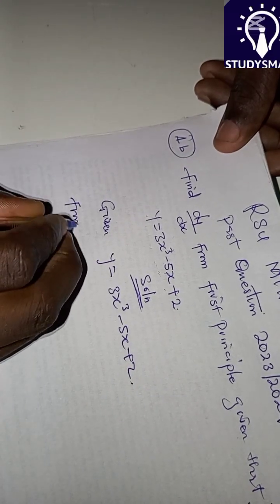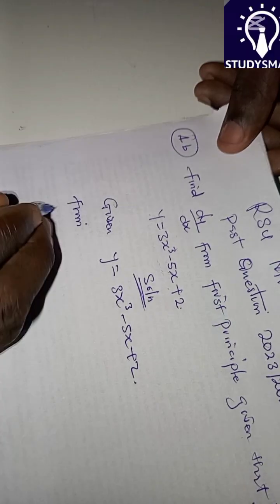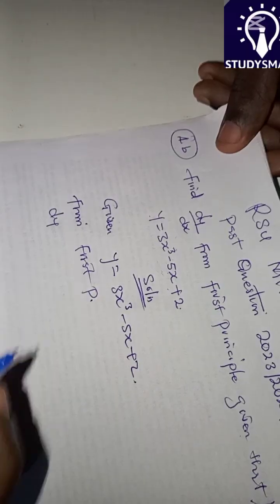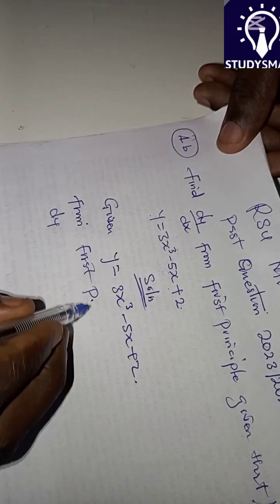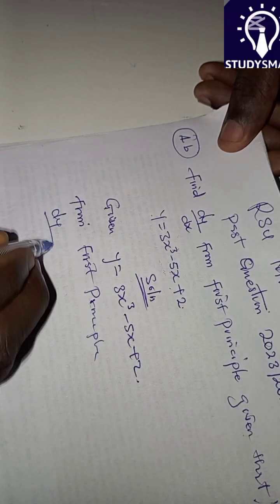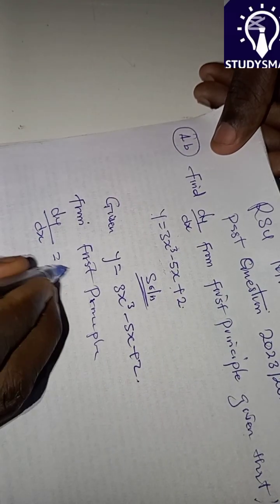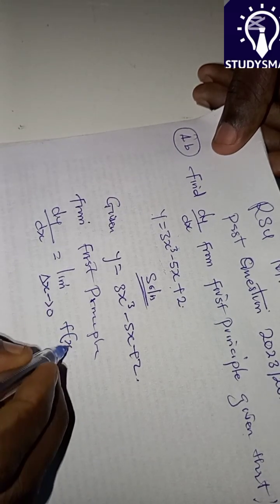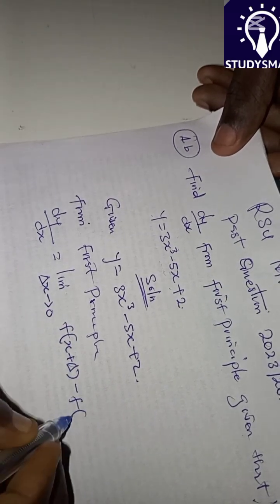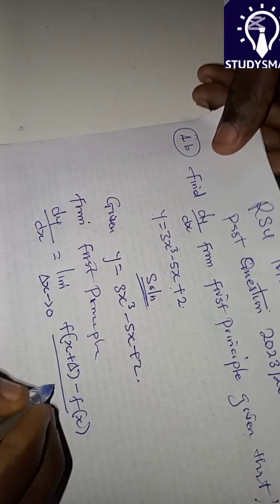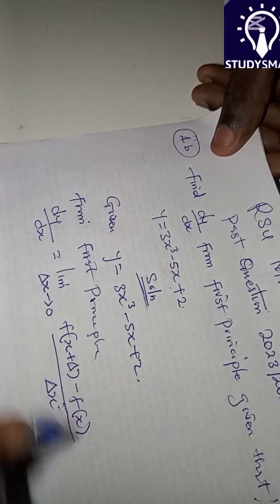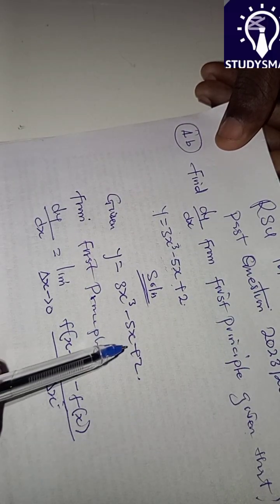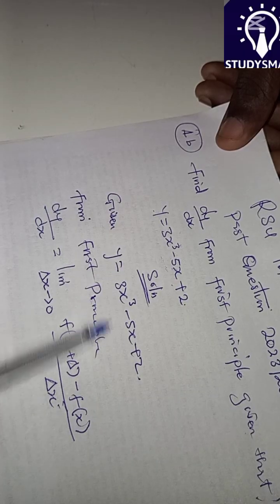So from first principle, we have that dy/dx is given by the limit as delta x tends to 0 of f of x plus delta x minus f of x, over delta x. Right, so this is the first principle. So we are going to be using this approach to get the dy/dx of this.